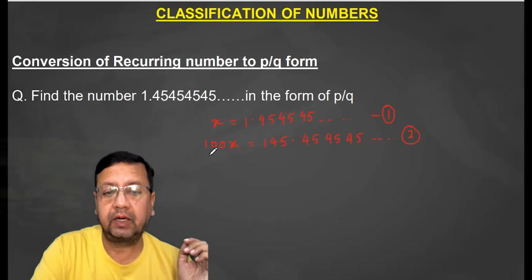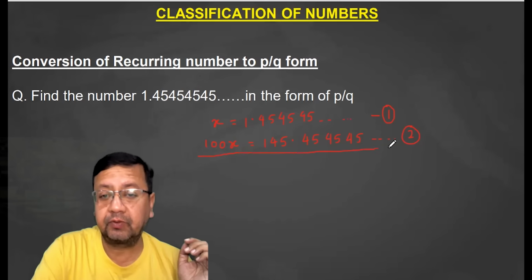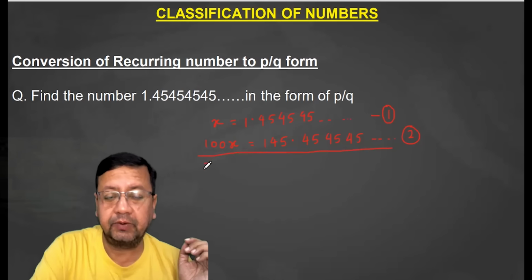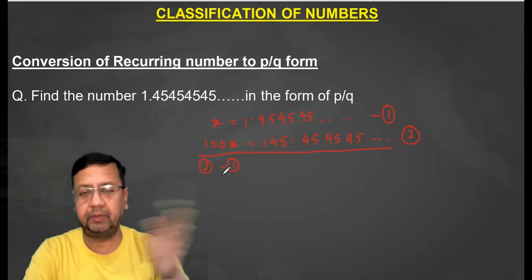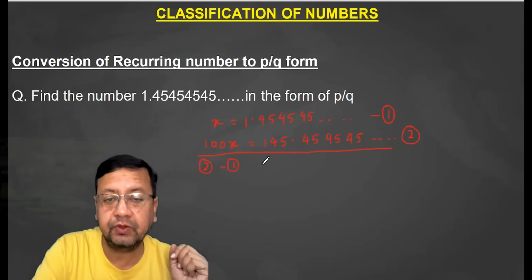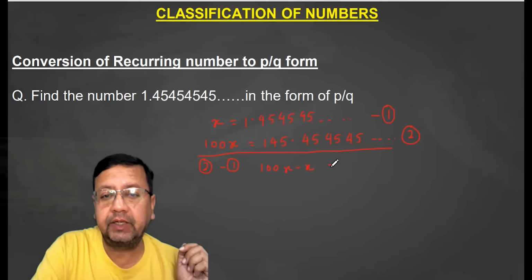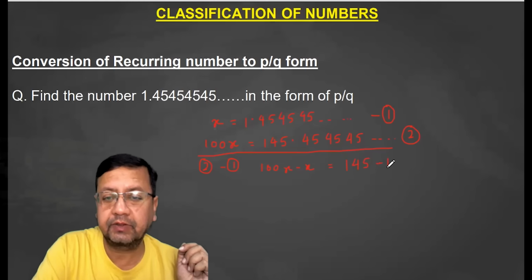Right? Now, what to do: from equation number 2, subtract equation number 1. Left part from left part, right part from right part. So what are you getting? 100x minus x. This is the left part, equal to what? 145 minus 1.